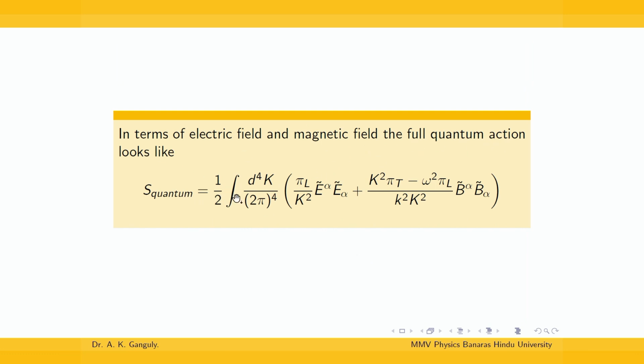Then the quantum action actually can be written in this particular form, where the coefficient of the quadratic part in the electric field and the coefficient of the quadratic part in the magnetic field can be related to the respective form factors and the wave vectors.